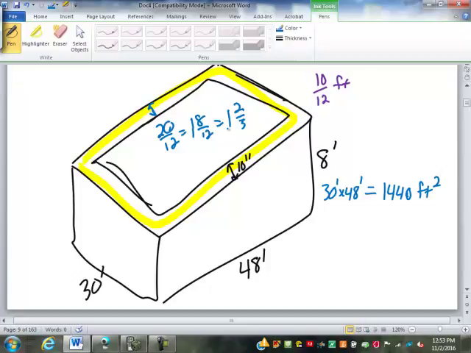Okay? So that means that this dimension is 28 1/3. That's 30 minus 1 2/3. This dimension here is 46 1/3, which is 48 minus 1 2/3. So you've got 28 1/3 times 46 1/3.